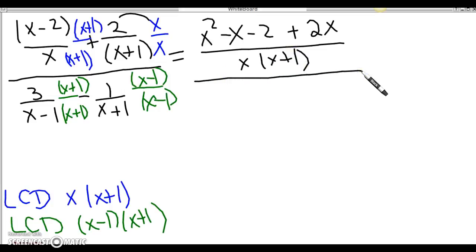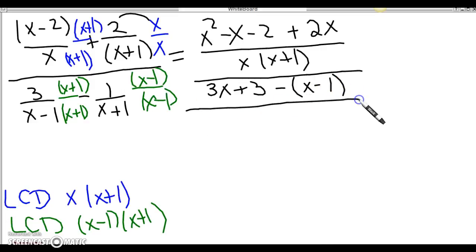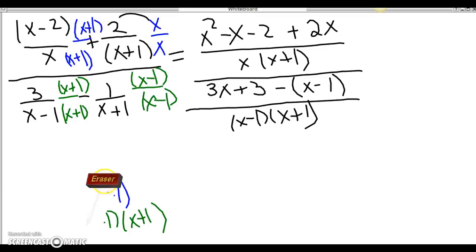For the bottom one, again, I'm going to multiply it out. I get 3x plus 3 minus x minus 1 all over x minus 1 times x plus 1. Okay, so now I'll combine my like terms. I'm going to go ahead and erase this here. We don't need this.